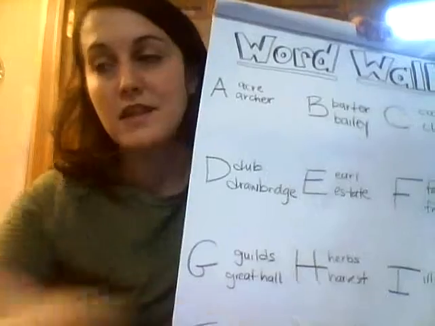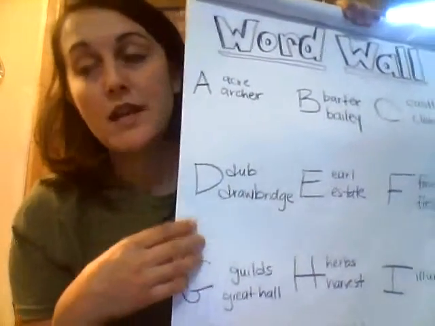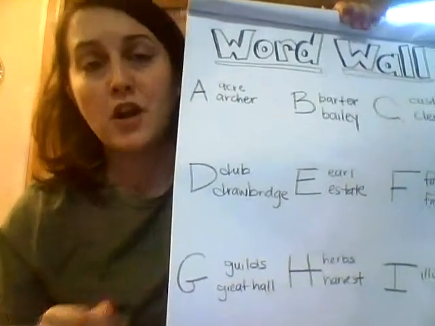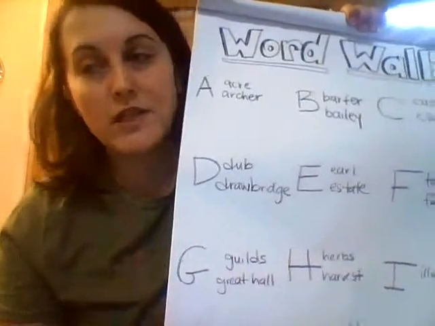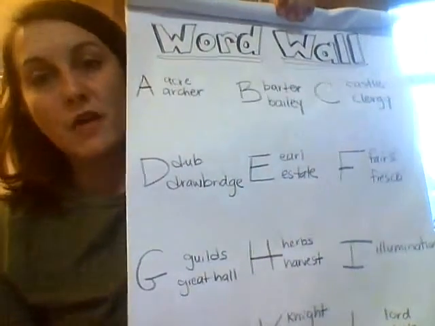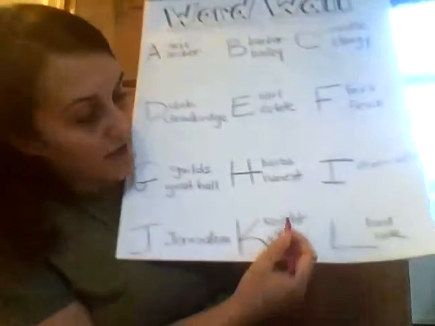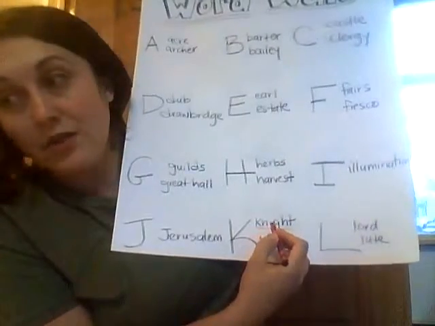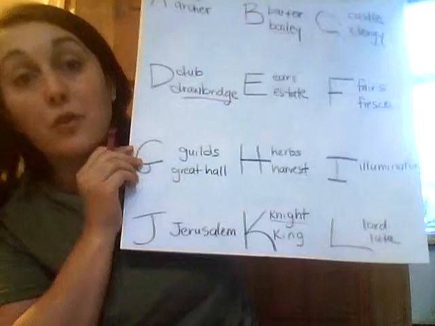So one of the lessons that Mrs. Barney did was talking about origin and root words. So for the origin, a cool thing that they did was talk about where each word comes from. Maybe not each word, but some select words. So for example, they talked about how the word knight, which is right here, and the word drawbridge are both English origin.